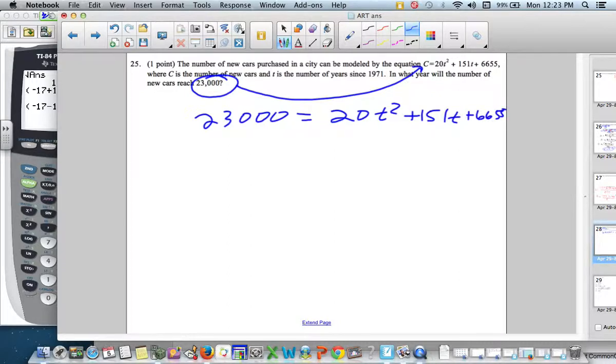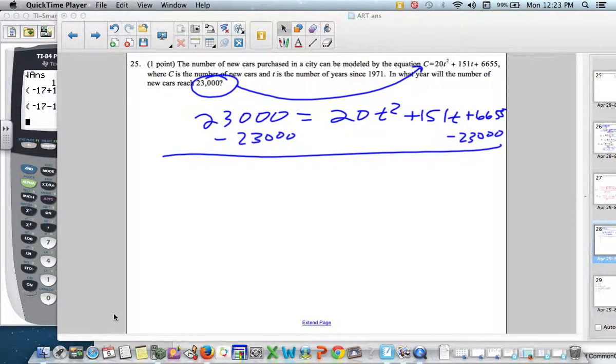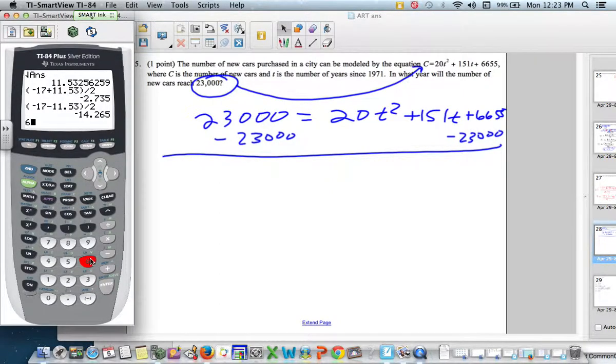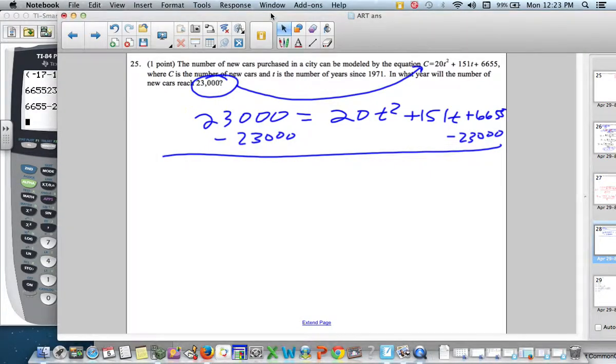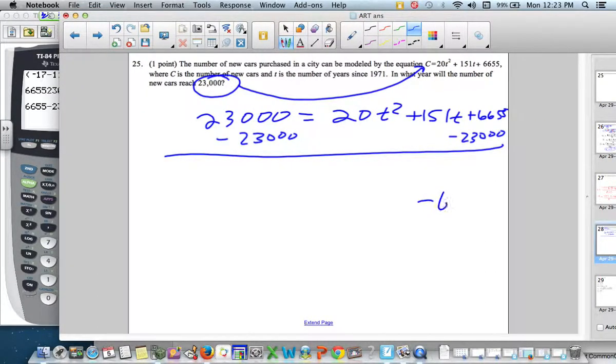Now before we can use the quadratic formula, we have to get it in standard form. So that means subtracting 23,000 from both sides. So if I were to take 6,655 minus 23,000, that gives me negative 16,345.